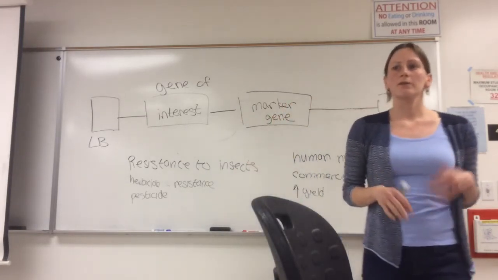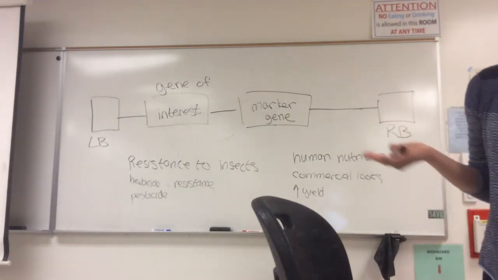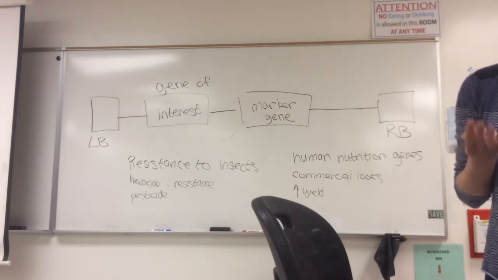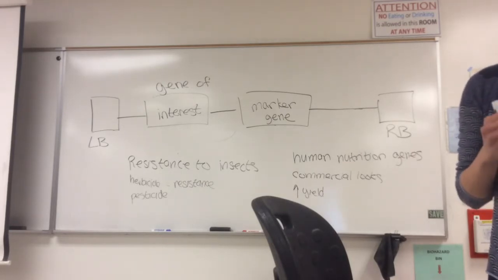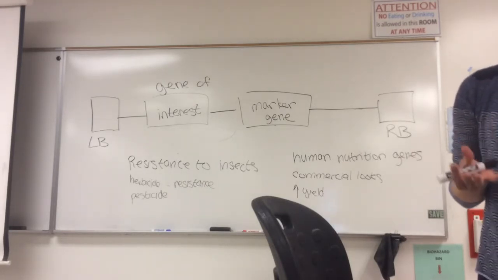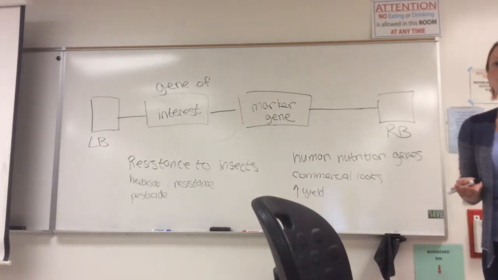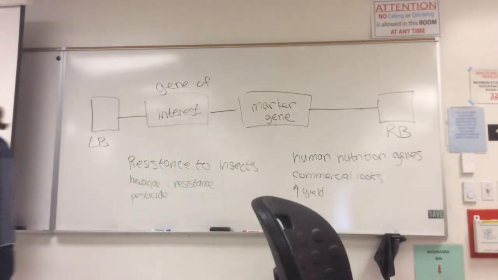What you'll see when you look at your plates, the reality of this, is that it's not 100%. Every cell that comes into contact with these Agrobacteria doesn't automatically get transformed. The efficiency is actually fairly low, and so you need a way to select for your plant cells that have actually been transformed.